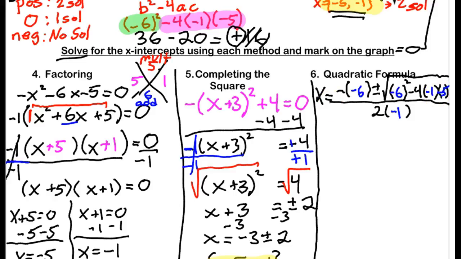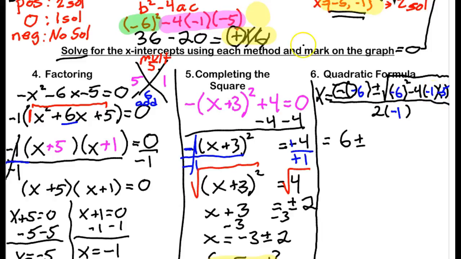Now, we already did up here, right? We already did the discriminant. We found out it equals +16. We already figured out what b squared minus 4ac is. So you can be careful and see negative times negative is +6.